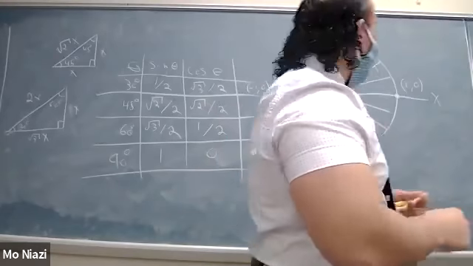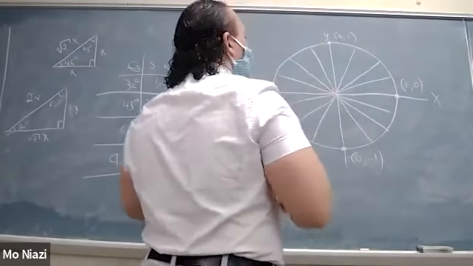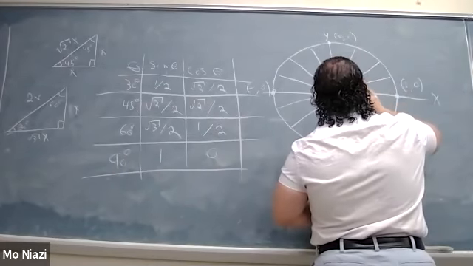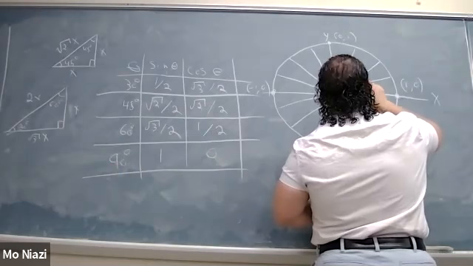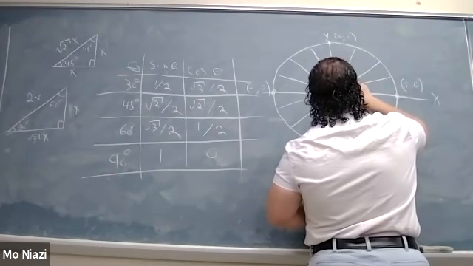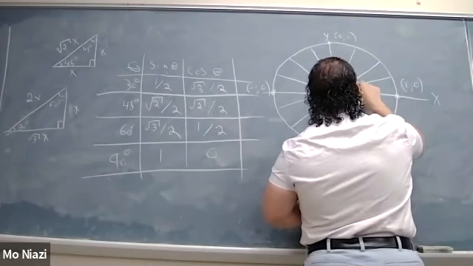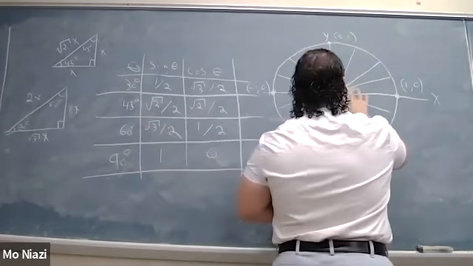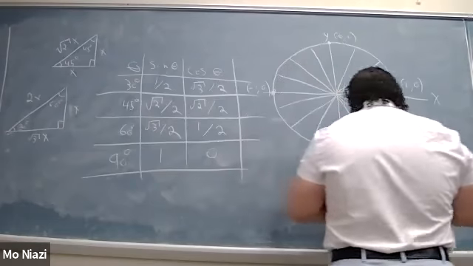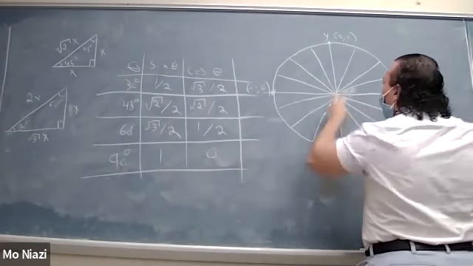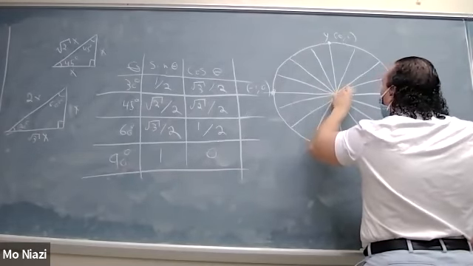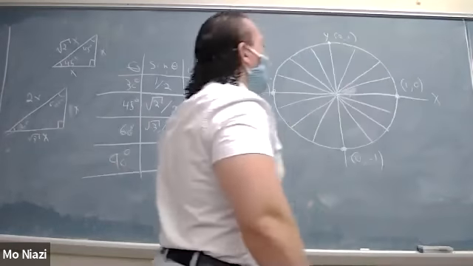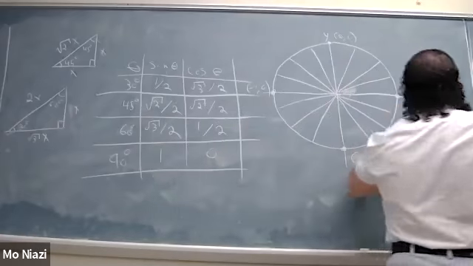Really, that's neat. Okay, so let's say we move 30 degrees here. Let's say that this is 30 degrees right here, all right? Let's use the color yellow. What are the sine and cosine values?